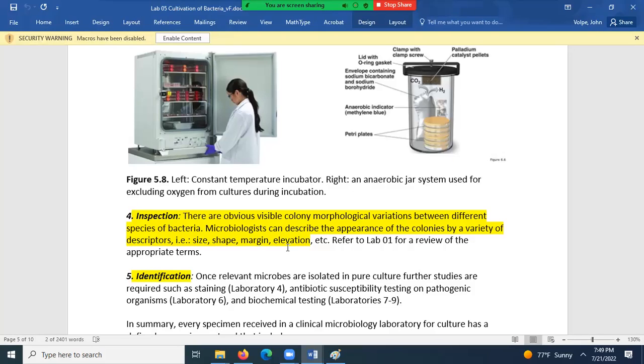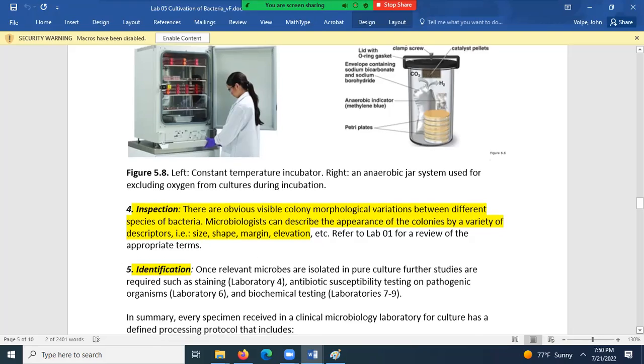Like if you were to get large colonies that are yellow in appearance, it might be Staphylococcus aureus, but you'd have to do 1 or 2 more tests to prove that it's Staphylococcus aureus, such as getting it to grow on the mannitol salt agar plate. And then you do the test to identify the species.